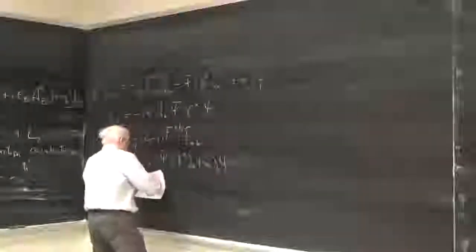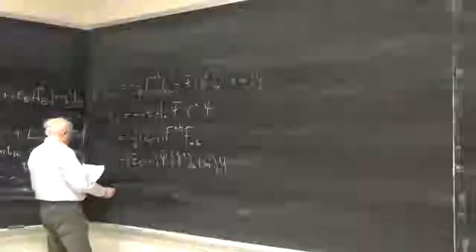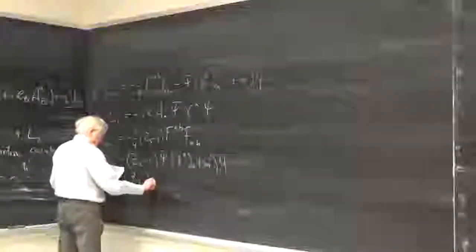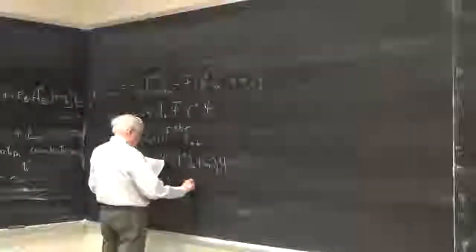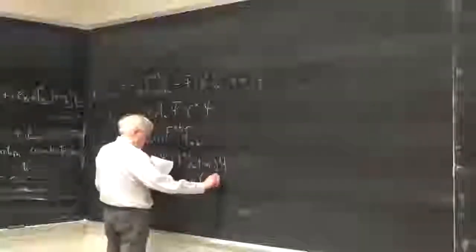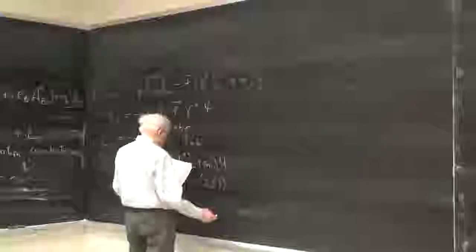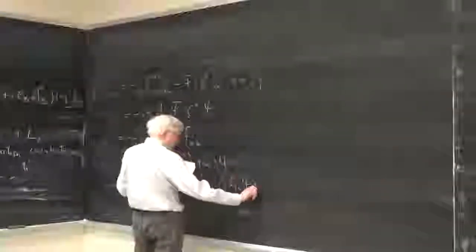So let me just write here. There are a couple of things I'd like to change. I notice plus Z2 delta M psi bar psi, and then minus i e (Z2 minus 1) A_A psi bar gamma^A psi.